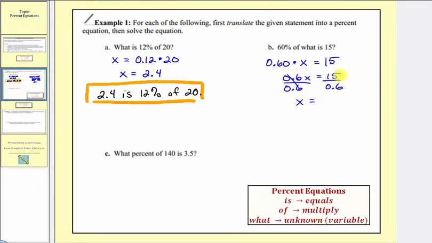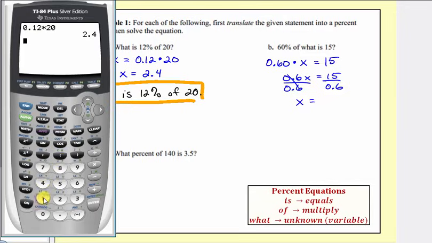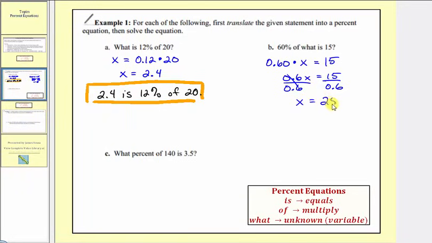And now we'll find this quotient. 15 divided by 0.6 equals 25. Which means 60% of 25 is 15.